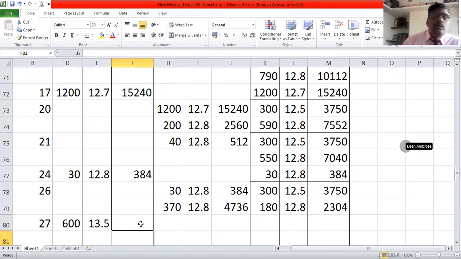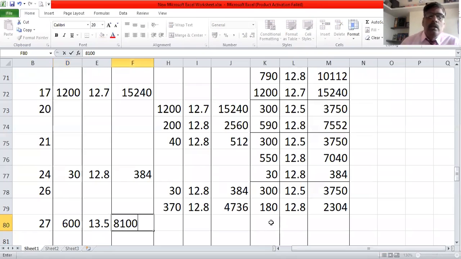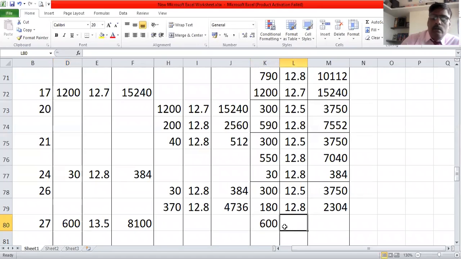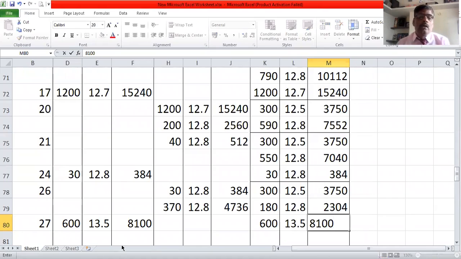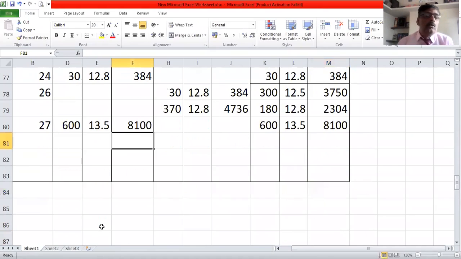Then multiply these two, you will get the amount. 600 into 13.50 is equal to 8,100. 8,100. You take in the balance column 600 at the rate of 13.5, amount is 8,100. Okay. 27.